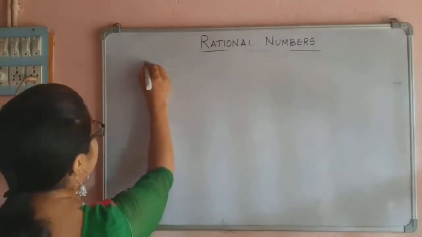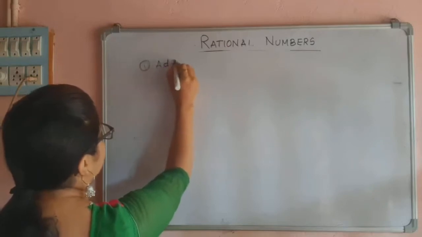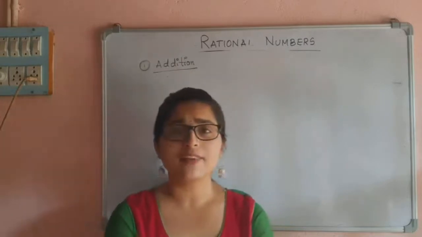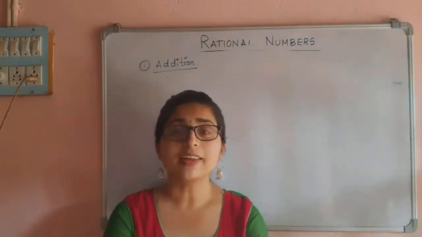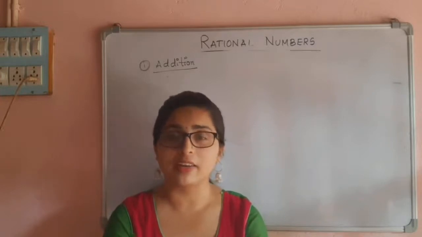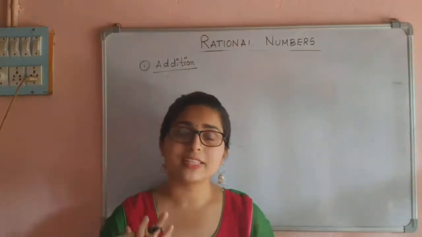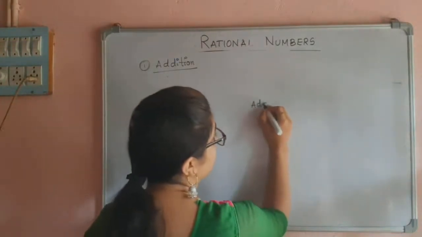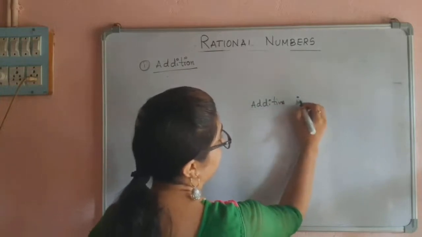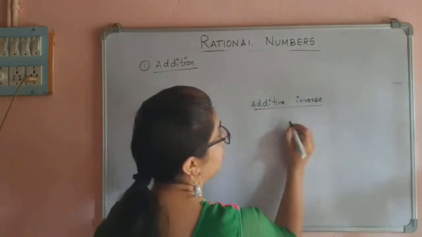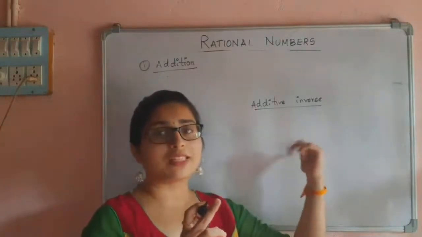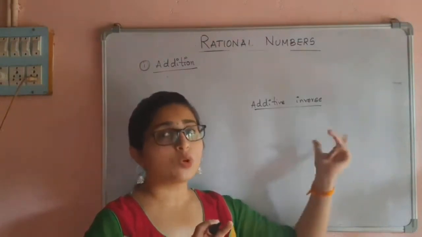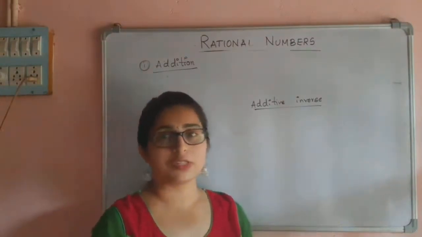Okay, so first let us take addition. And you have studied about the additive inverse, right? And identity, that is additive identity, absolute value, that is when we are studying integers. So similarly here also, additive inverse is nothing but when you are adding two numbers, if the sum comes out to be 0, then those two numbers are called additive inverses of each other.